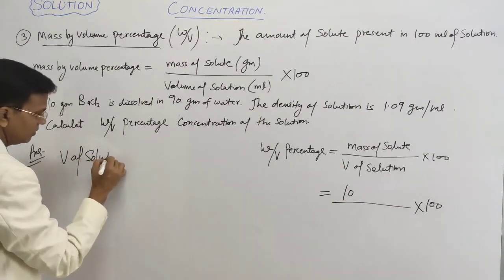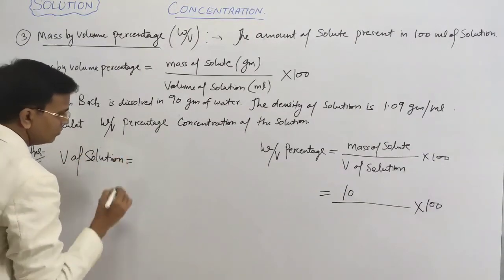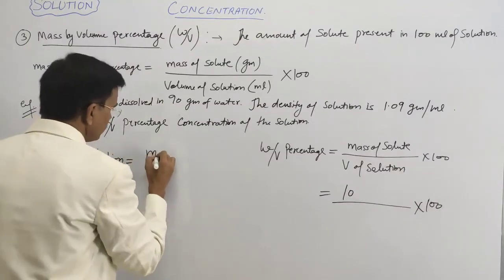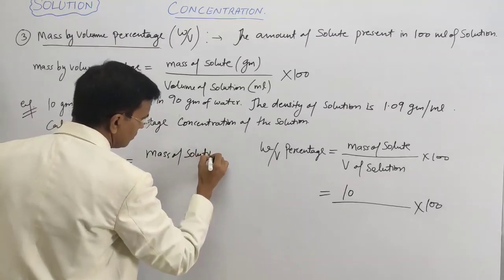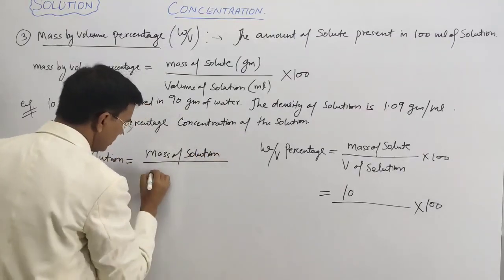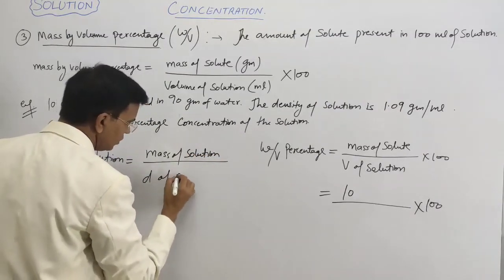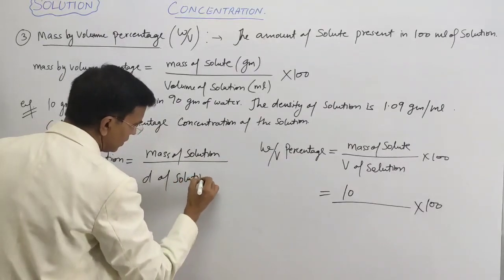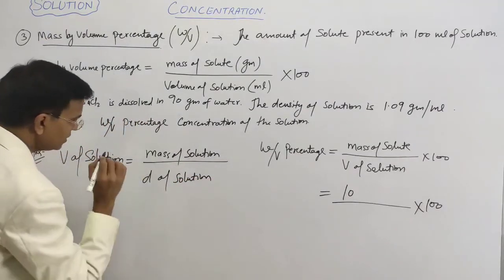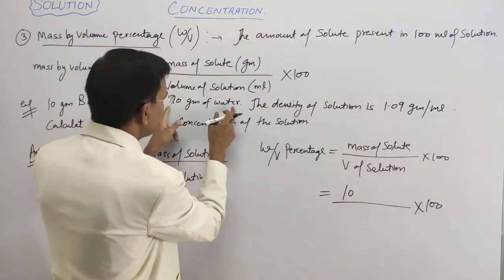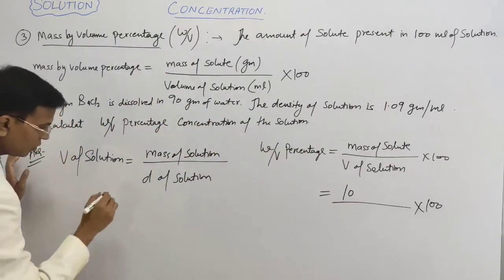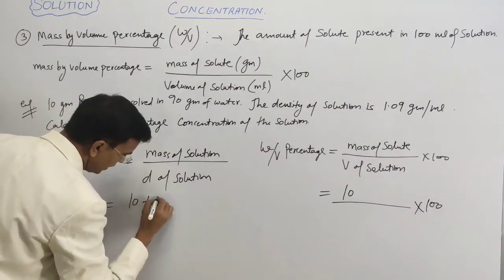Volume of solution is equal to mass of solution upon density of solution. So mass of solution is 10 gram BaCl2 solute plus 90 gram of water solvent, solute plus solvent, 10 plus 90.